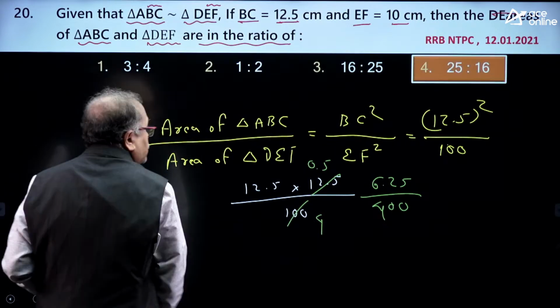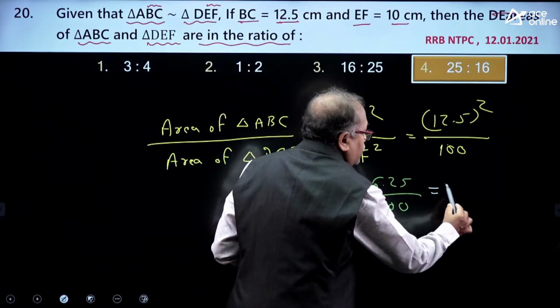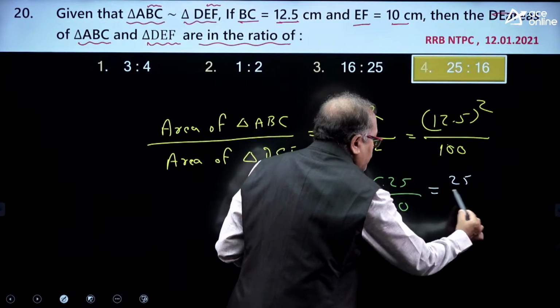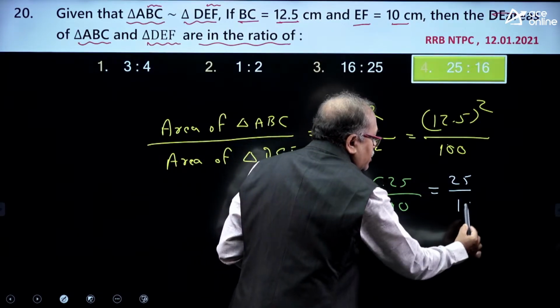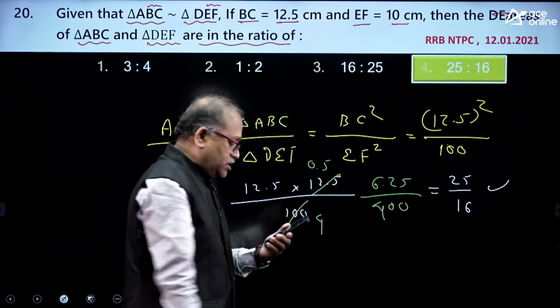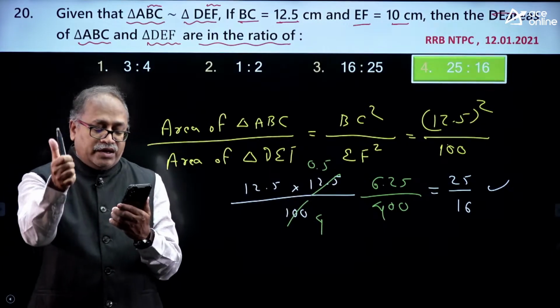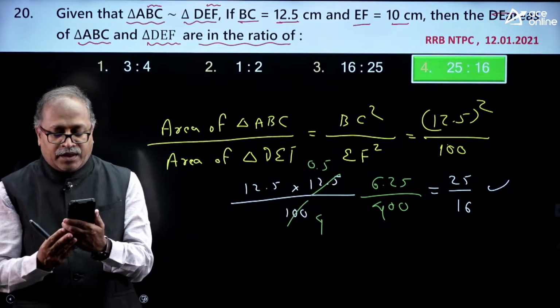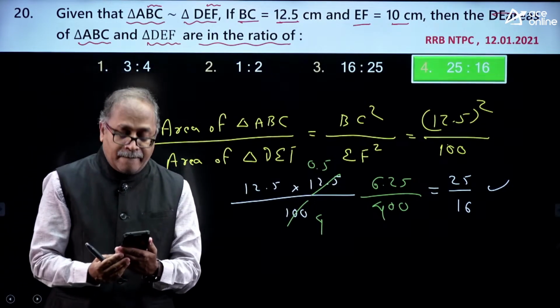Both are getting cancelled by 25. So I am getting 25 over here, and cancelled by 25 we are getting 16. Yes, Mr. Aim, you are right, option D. Is that clear, Mr. Sheikh?